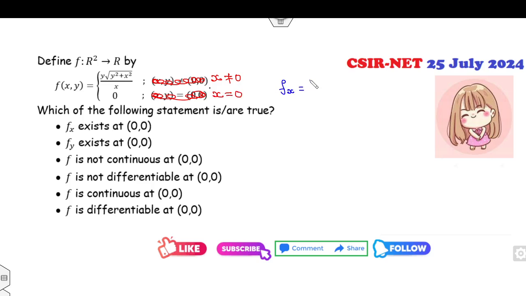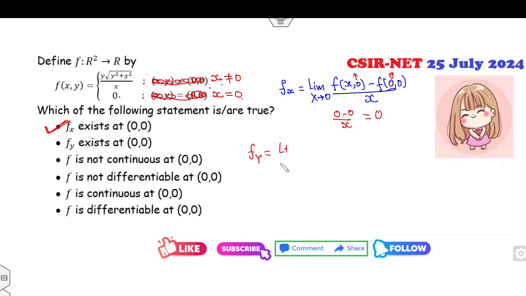Again, partial derivative with respect to x, we can find f(x,0) minus f(0,0) over x as x approaches 0. Clearly, in this case y is 0, so the answer will be 0. In this case y is 0 and x is non-zero, I can substitute this, the answer is 0 minus 0, that is 0. So in both cases fx exists.